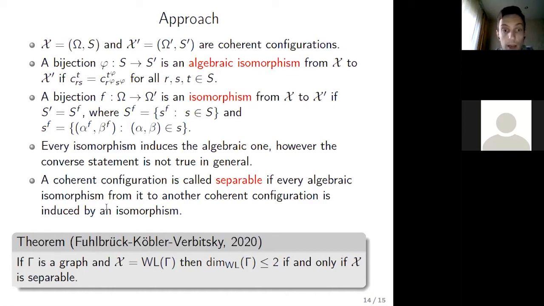And our main tool is the theorem which was proved by Fürer, Köbler, and Verbitsky: let gamma be a graph, and X its Weisfeiler-Leman closure. Then the Weisfeiler-Leman dimension of gamma is at most 2 if and only if its Weyl closure is separable.